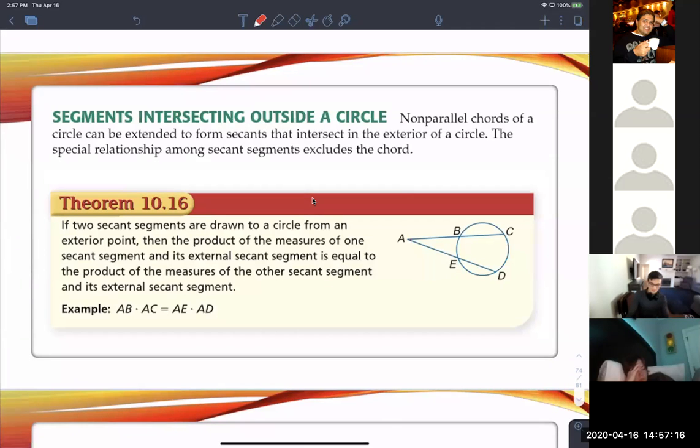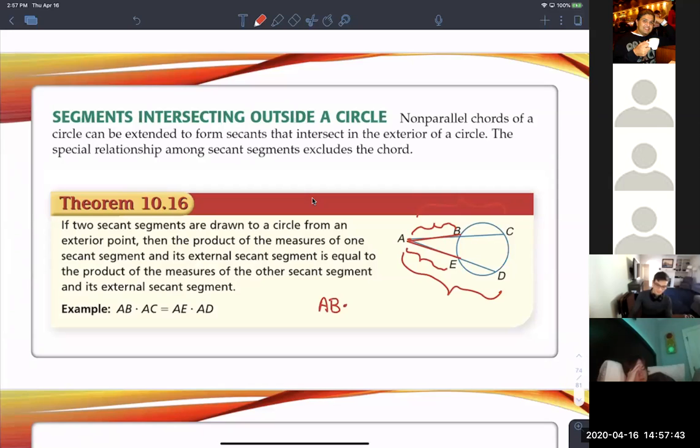I want to find the relationship of this piece to this piece. And the relationship is the piece to the circle multiplied by the entire segment is equal to the piece to the circle times the entire segment.